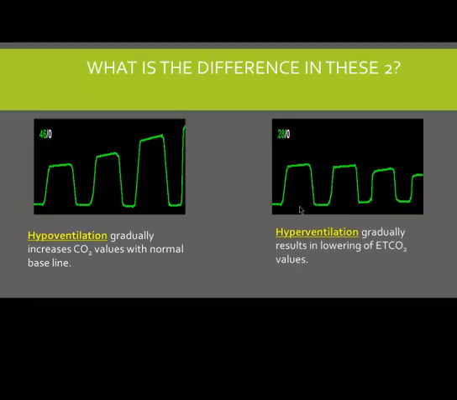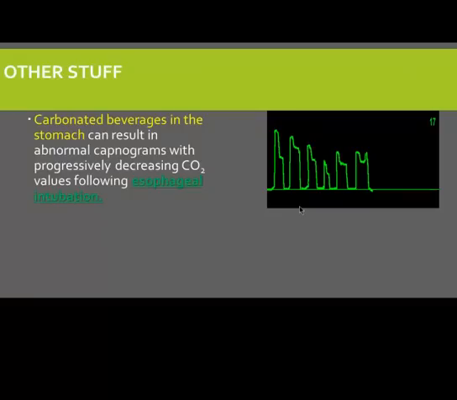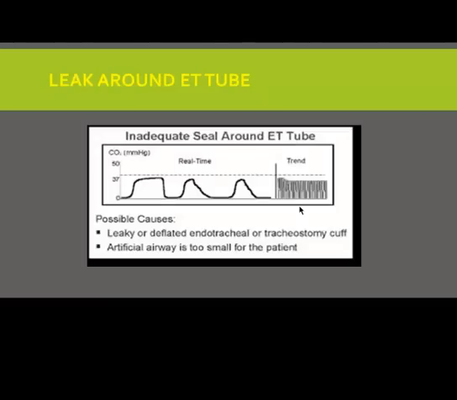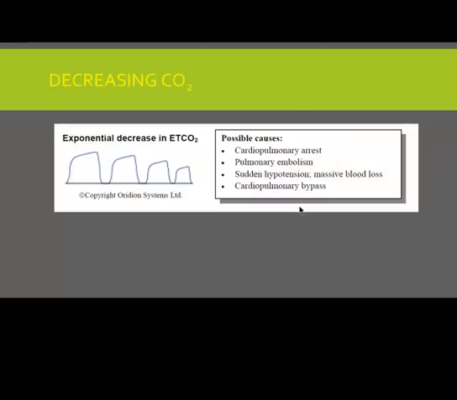Hyperventilation. And also you see that they're not quite getting back to that baseline, so we're not having that full cycle. Other stuff, carbonated beverages in the stomach. If they just drank a Coke and then you intubated them, you may see some really weird stuff there, okay? We've talked about seals, decrease in CO2, we've talked about that.